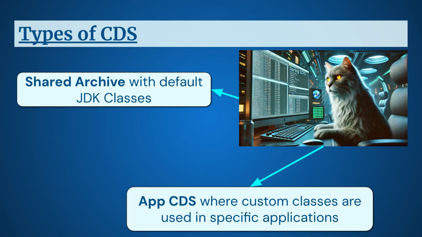And we can also find AppCDS. So these are application-specific class data sharing files where custom classes are used in specific applications. So these are application-specific classes or the setup of the classes before the application starts.